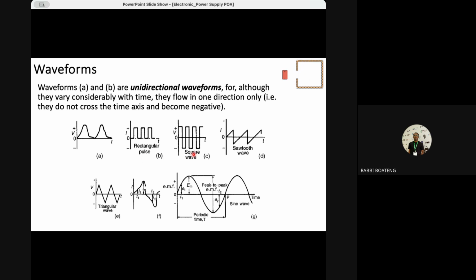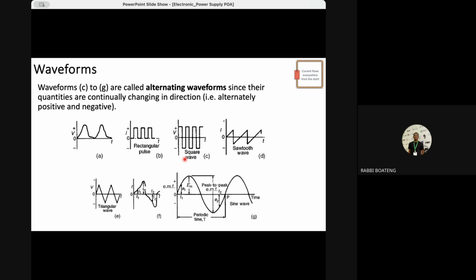When you look at something like C, it is between the positive and the negative, because the waveform doesn't reach only the positive. It goes to the positive and extends down to the negative with time. So here we say it's two directions, and that is what we call an alternating waveform.